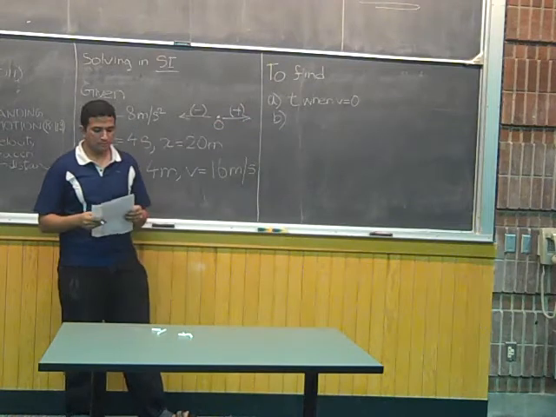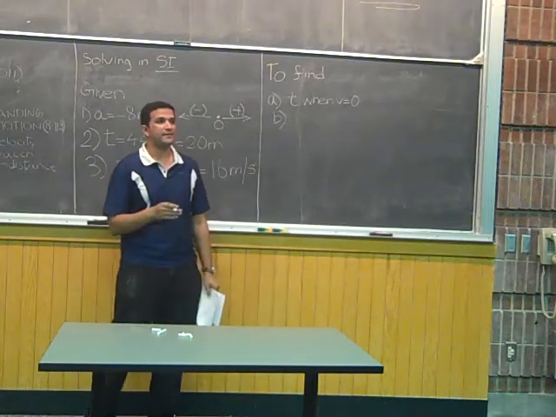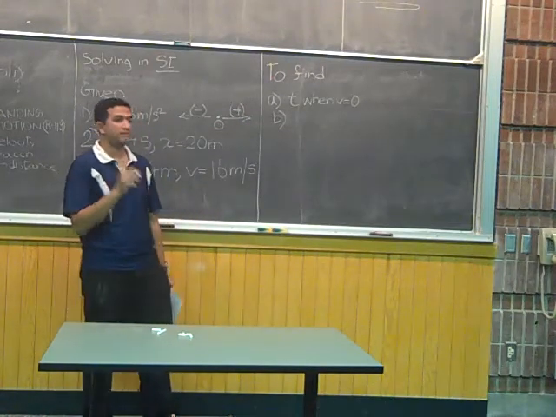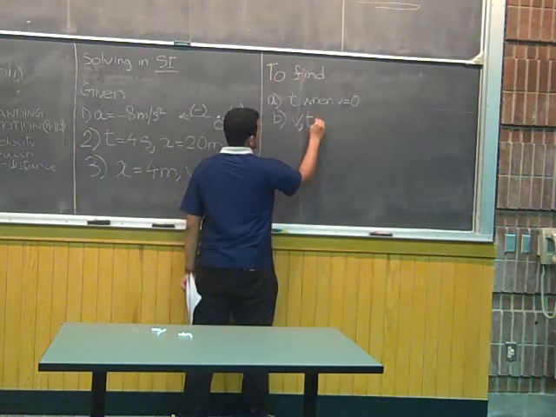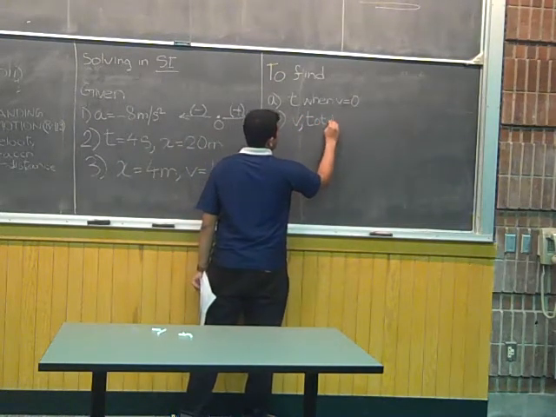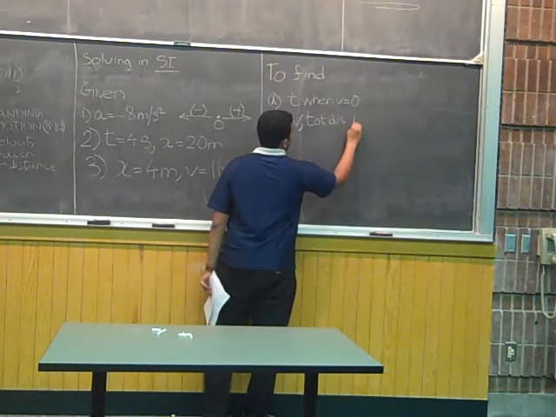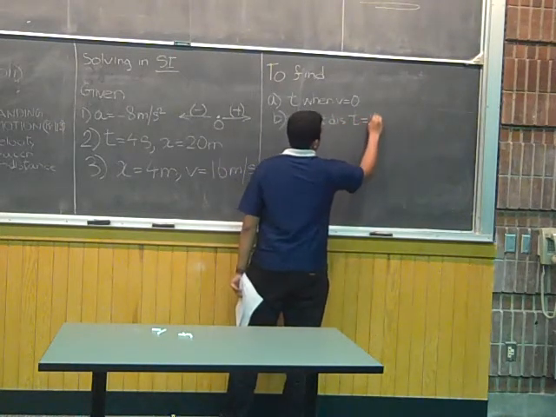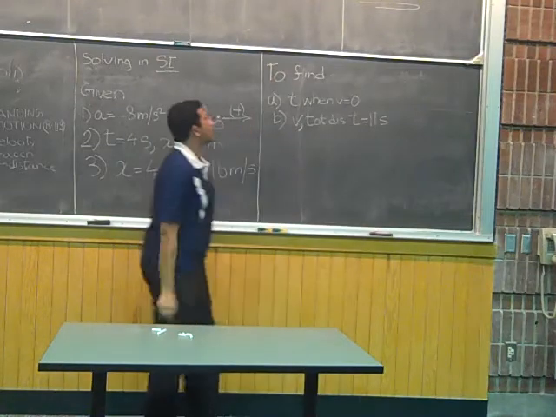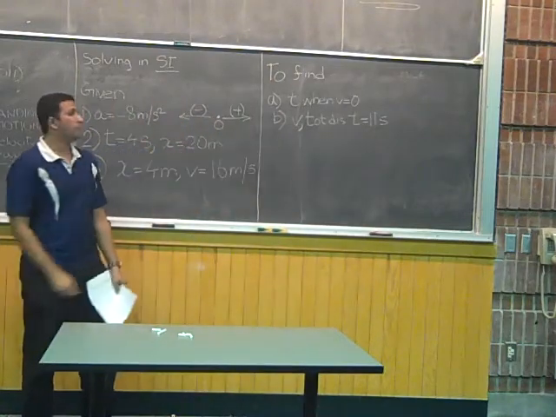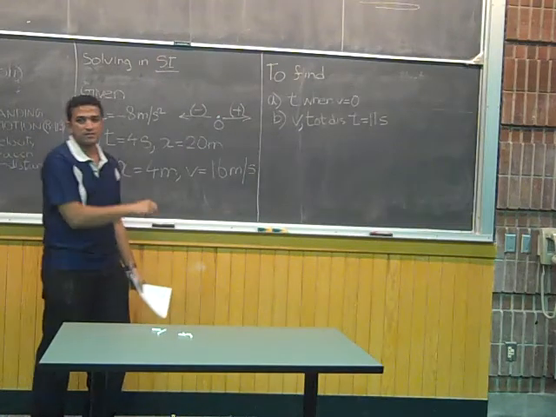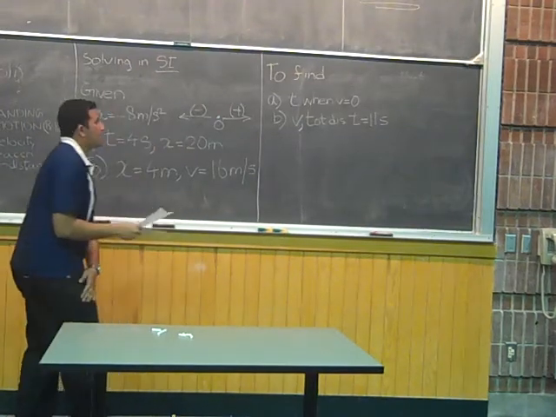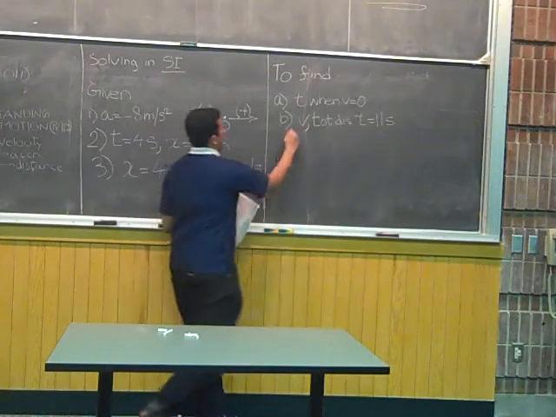The second part of the problem asks for the velocity and the distance traveled when time was 11 seconds. So we need the velocity and the total distance when time was 11 seconds. Do notice that I'm not writing v comma x, because x is my displacement and we are finding the total distance. So let's get on with the problem now.